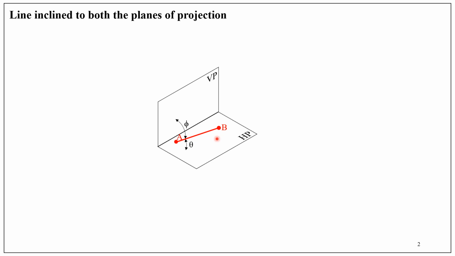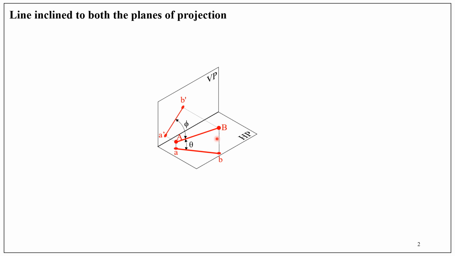But we can imagine projectors from A and B to the vertical plane and obtain points A dash B dash, the front view. Similarly, projectors from A and B to HP will give us the top view.